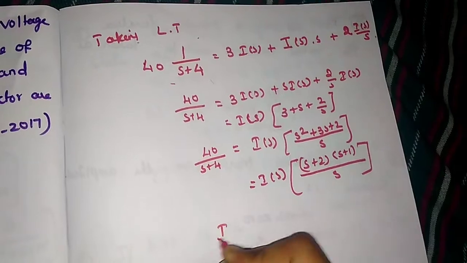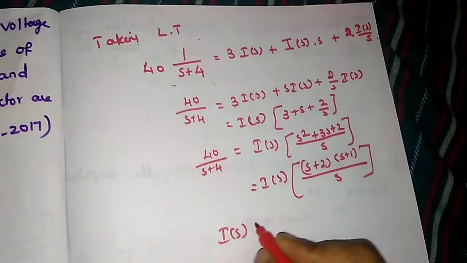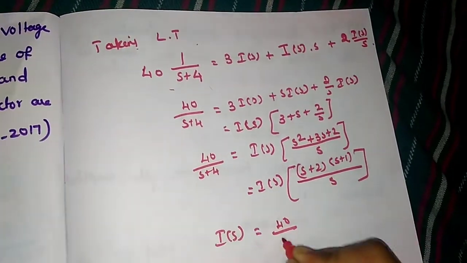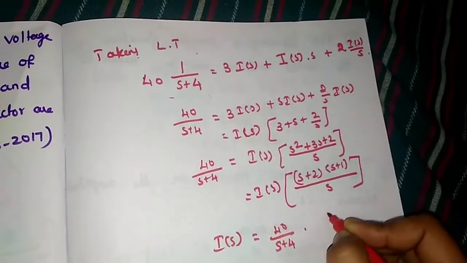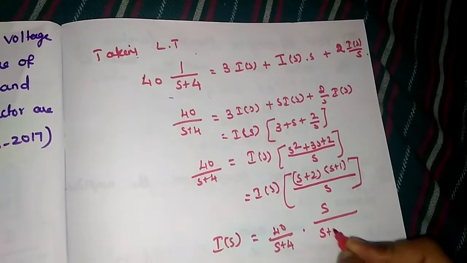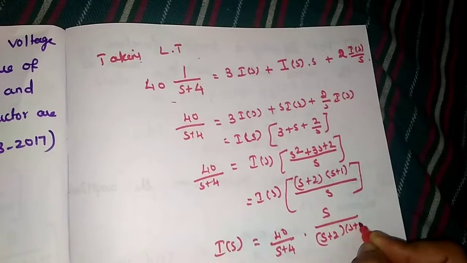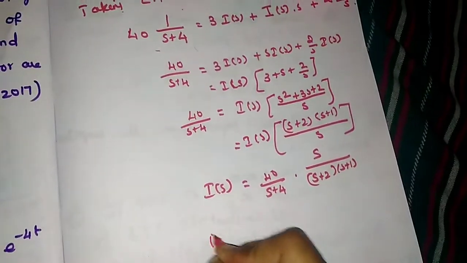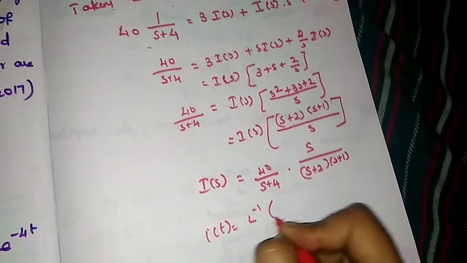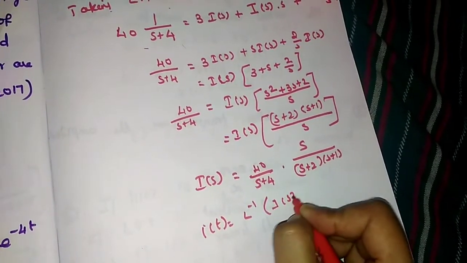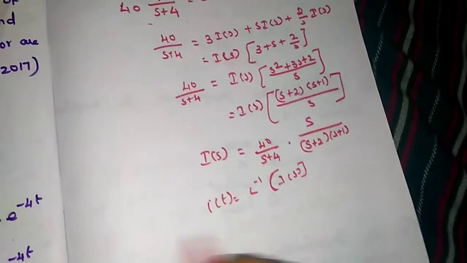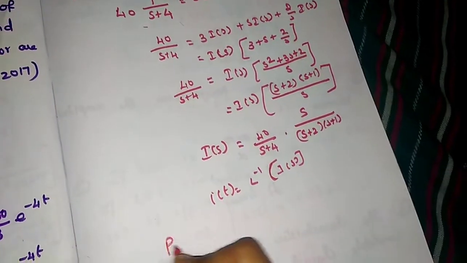So we have to find i(t). Taking I(s) outside, we get 40 s divided by (s plus 4) into (s plus 2) into (s plus 1). For finding i(t), we have to take the inverse Laplace of this I(s). So we are using the partial fraction method.